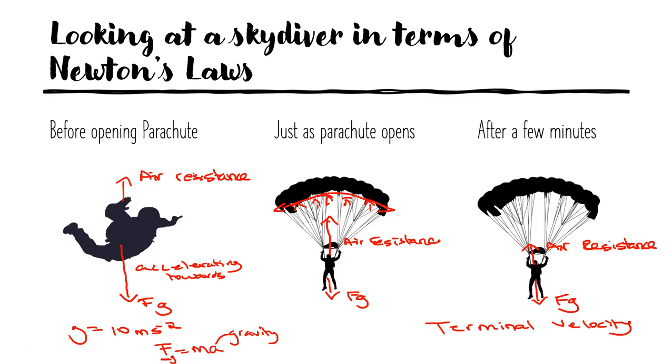And this remains constant for the rest of the fall because the air resistance and the force due to gravity are balanced out. So the skydiver themselves would reach a constant velocity, which would be the terminal velocity, but we can actually slow that down even further by providing the largest surface area for the friction to work on.